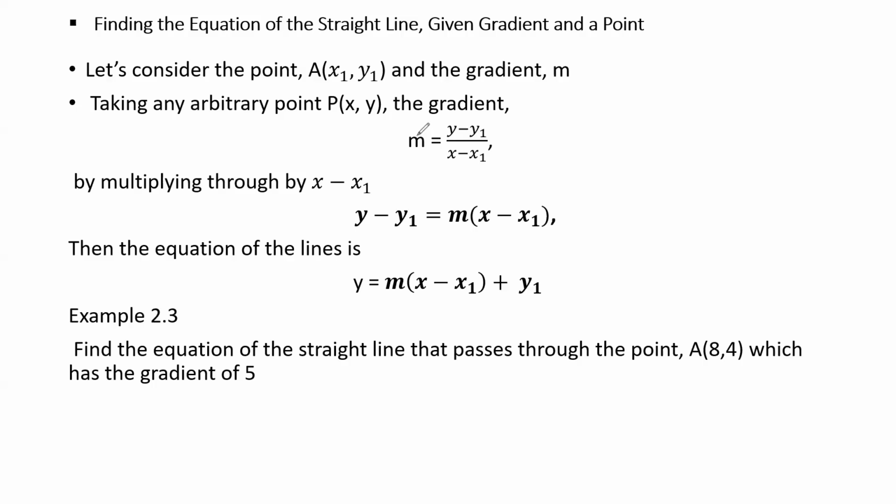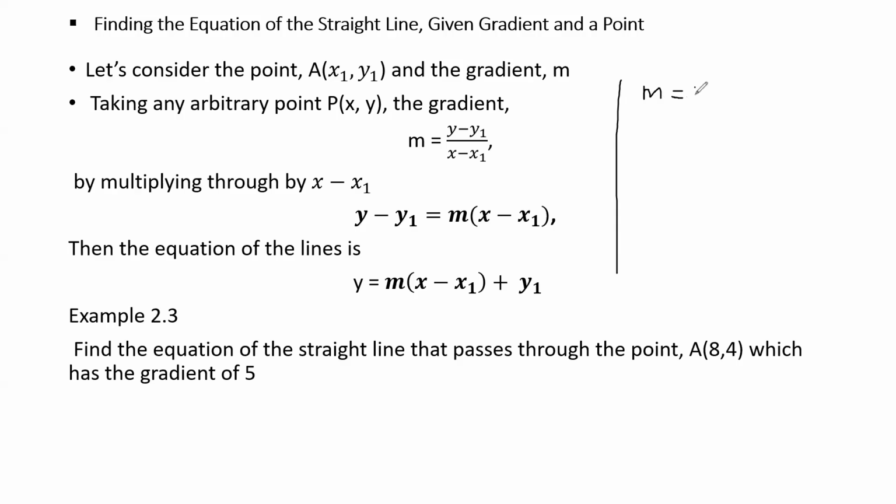Now, the equation of the straight line that passes through the point A, 8, 4, which has the gradient of 5. So here, the gradient is 5, it means our m is equal to 5. We have been given the m, so no problem here.